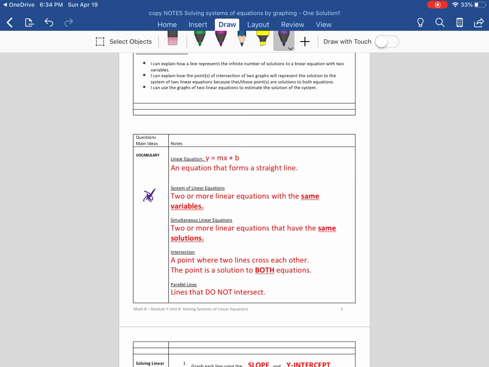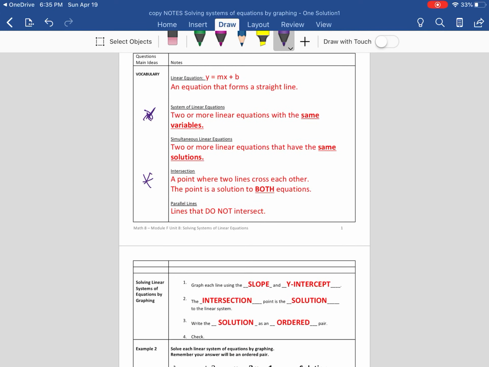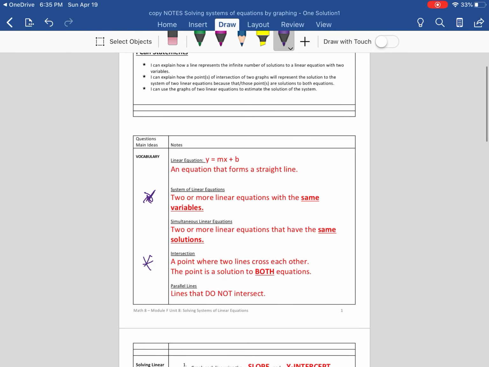You have to graph both of them on the same graph and find out where they cross or where they intersect. And at that one point where they intersect, that is the solution to the problem, to the system. All right? Now, parallel lines, we'll be talking about those a little bit later.